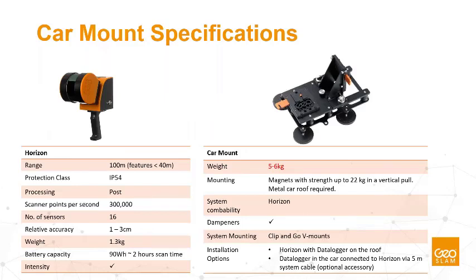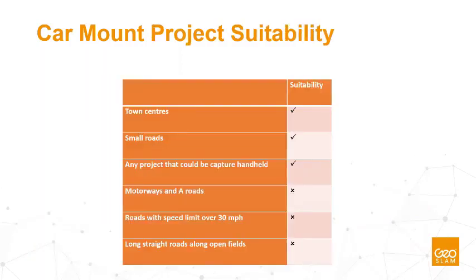There are two ways to mount the Horizon on the car. You can mount both the Horizon with data logger on the roof, but you can also mount only the Horizon and then connect it by a 5-meter system cable.